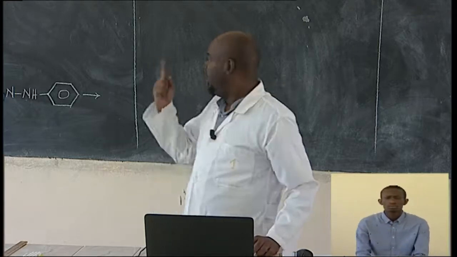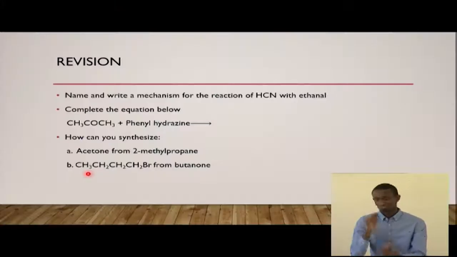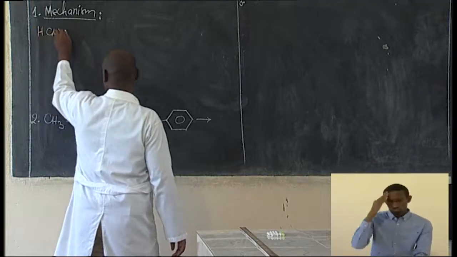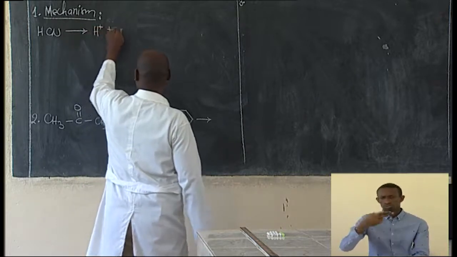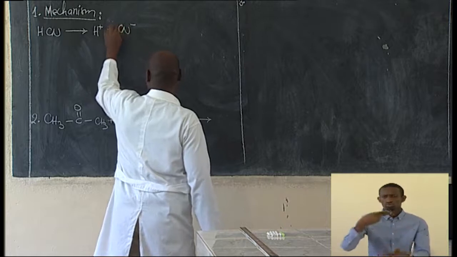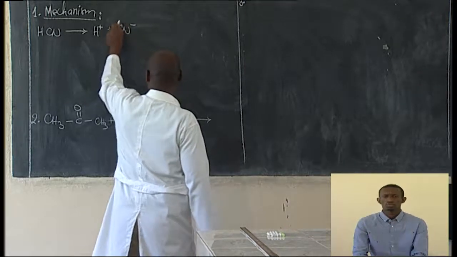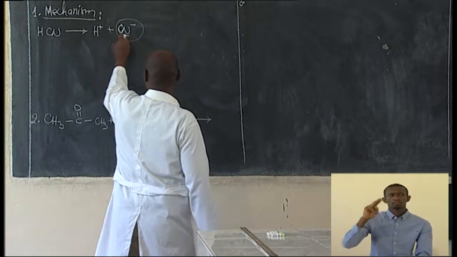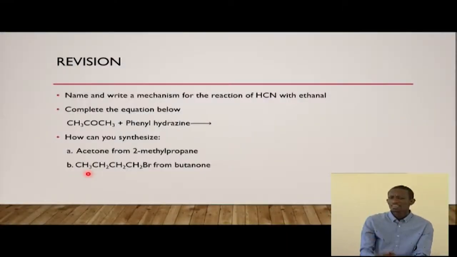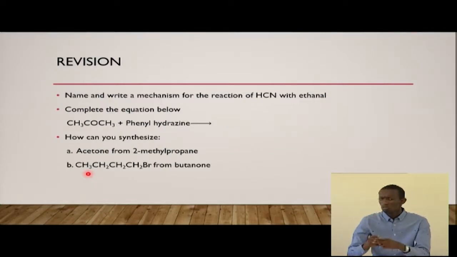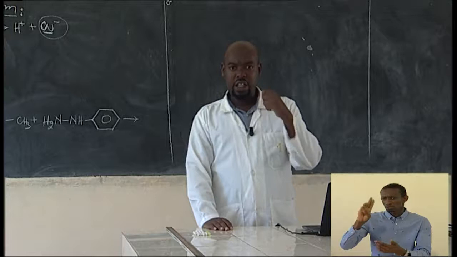Or maybe let me show you the reagents we were going to use. We know that HCN can dissociate to give H+ and CN-. Do you remember the class of this reagent? This reagent is called a nucleophile, a negative species.